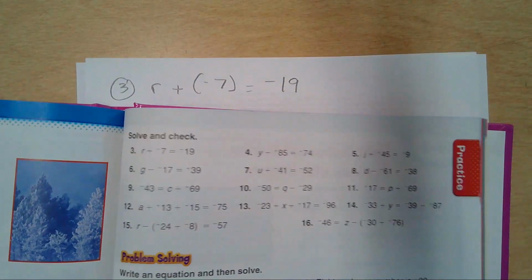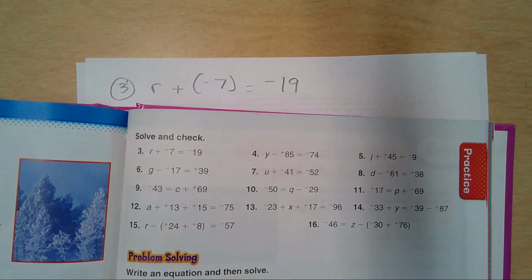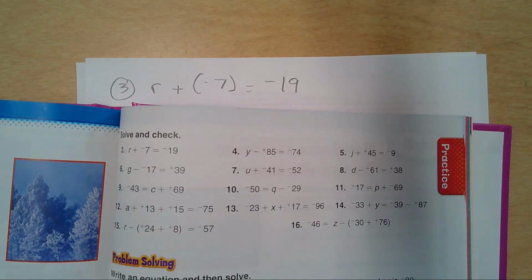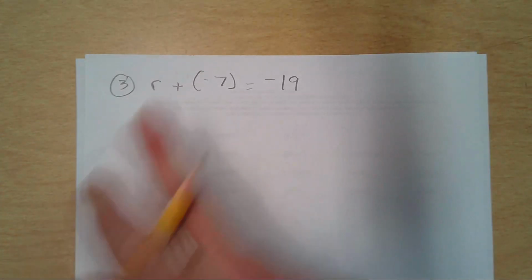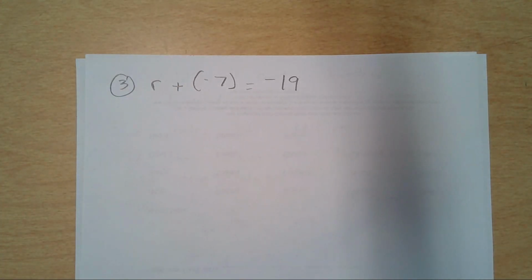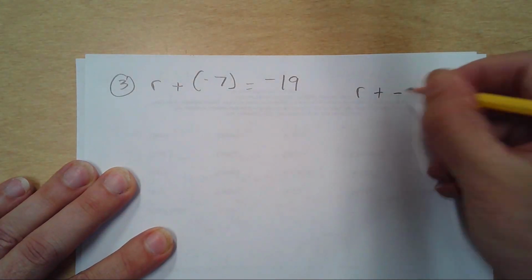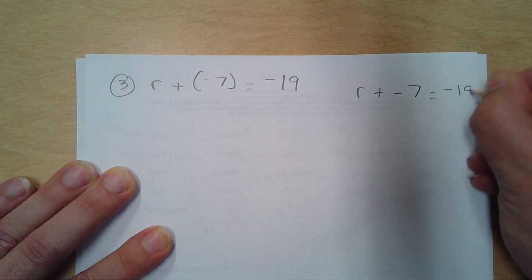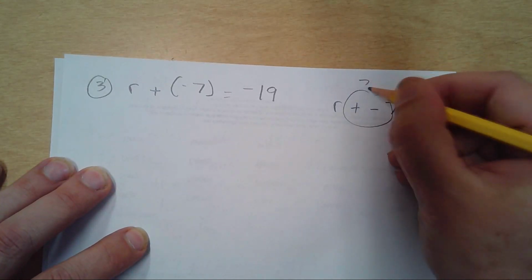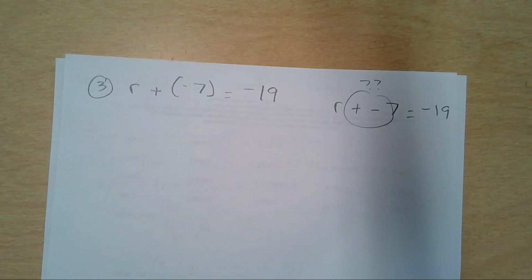The book here doesn't use these brackets all over the place like I'm going to use, but anybody remember why I'm putting these brackets in there? Because it's not R plus minus. Right, because if I wrote it this way, this would make no sense whatsoever here, right? You would have no idea what exactly you're supposed to do with that there.